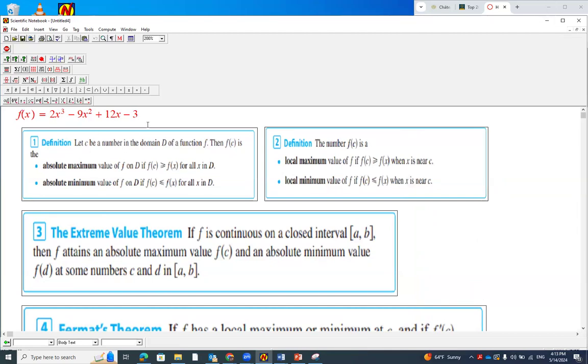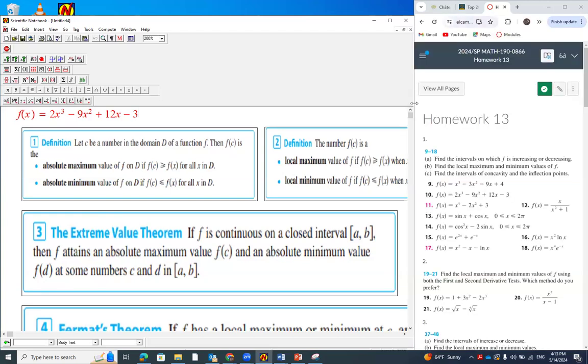We're going to find the intervals of increasing, decreasing, local max, local min, and all of these. We'll come back to it when we need.